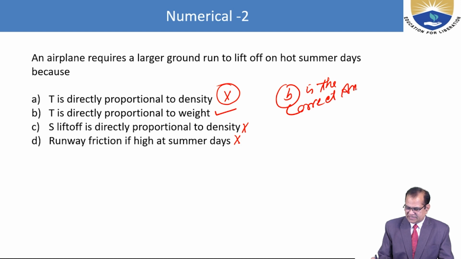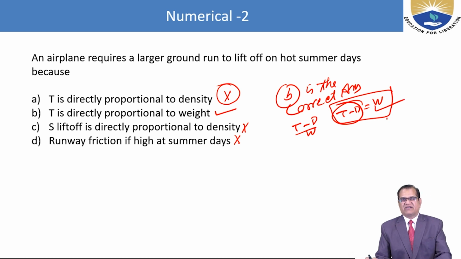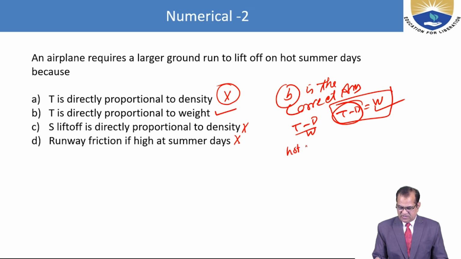If you see here, T minus D is equal to W. So T is directly proportional to the weight of the aircraft. In this hot season, thrust will be reduced.